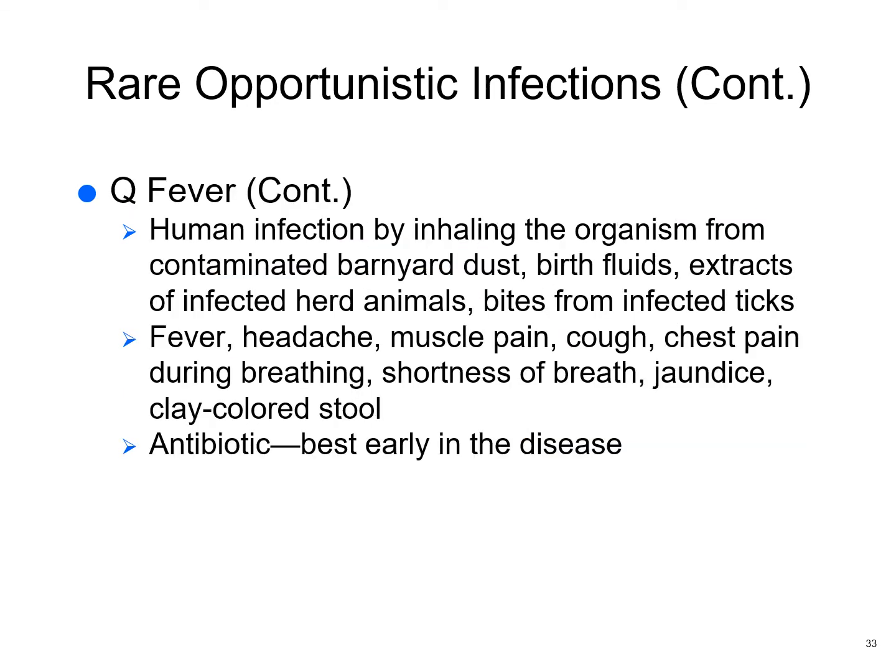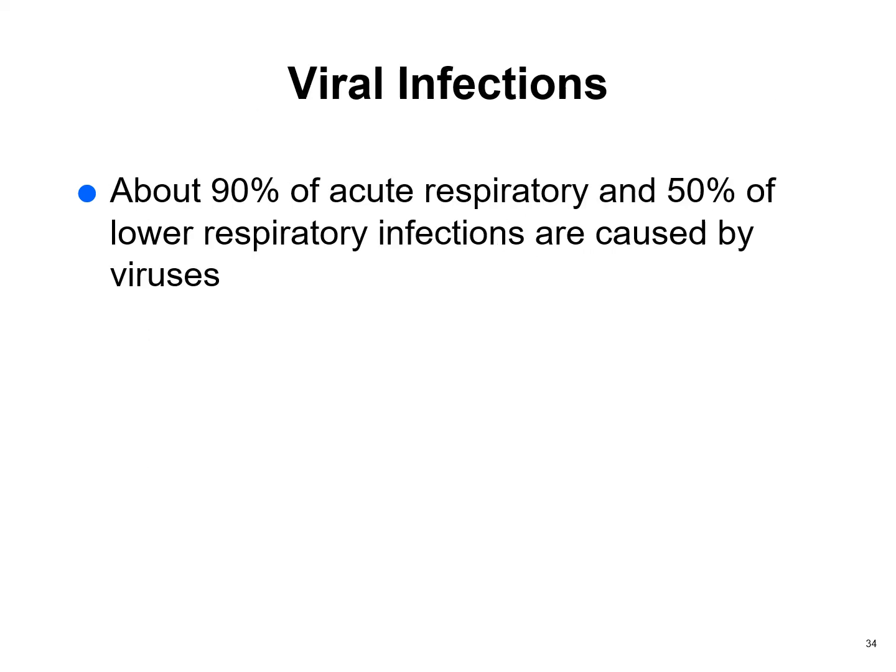It comes from humans inhaling contaminated barnyard dust, or maybe they delivered a calf, extract of infected herd animals, or a bite from infected ticks, and they'll have fever, headache, muscle pain, cough, chest pain, shortness of breath, and clay-colored stool. If you catch it early, antibiotics can treat it.